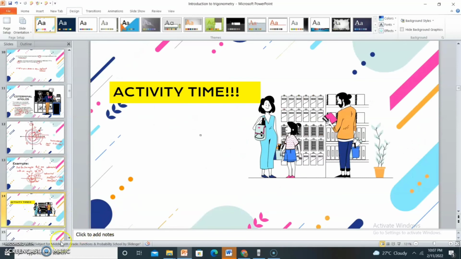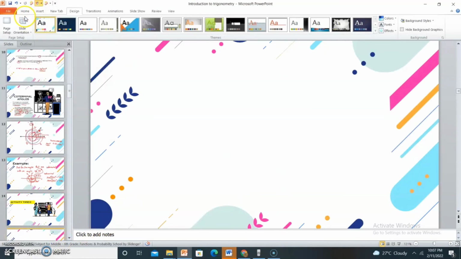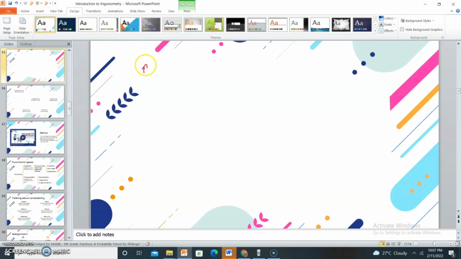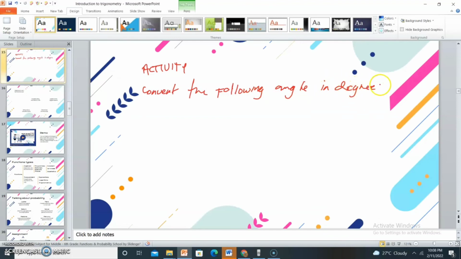Next is activity time. So, your assignment, your activity: convert the following angles in degrees, minutes, and seconds.